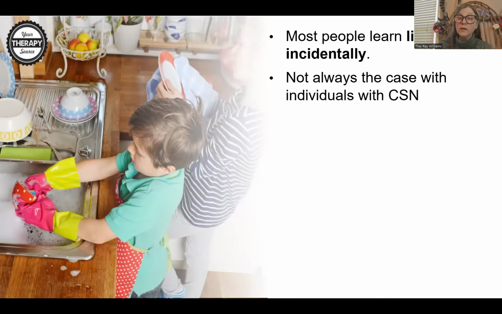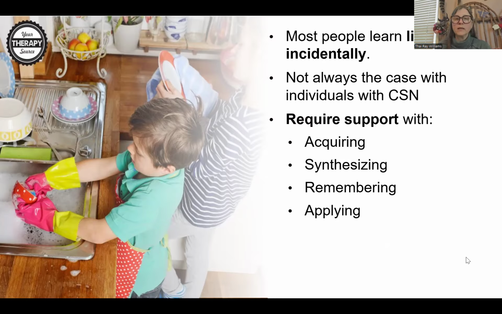And so it's important that you realize that these are often skills that you learn incidentally. Nobody necessarily directly taught you them, although they may have, but a lot of these we learn incidentally. We learn by just seeing other people do them or having people do them with us, inviting us to join in. But that's not always the case with students with complex support needs. So you may have been asked to wash dishes with your mom or your dad or your grandma when you were younger, but many of our students may not have been asked to do that. And so they require support with not only acquiring those skills, but synthesizing those skills.